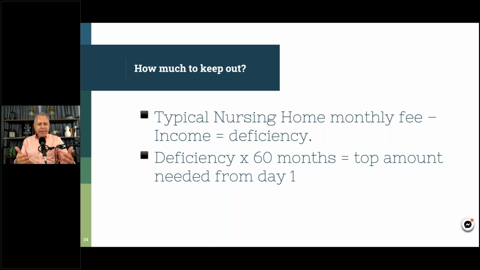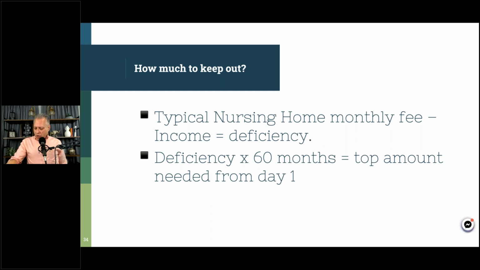So if we take this and apply it to Grant, I didn't do a slide on this. I can't do equations very well. So just make a note here, put this in your mind. It's not difficult. Let's say we're meeting with Grant, the typical nursing home at this point is $10,000 a month. He made $4,500 a month.